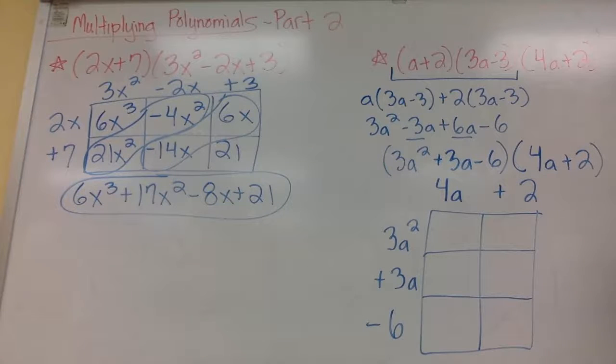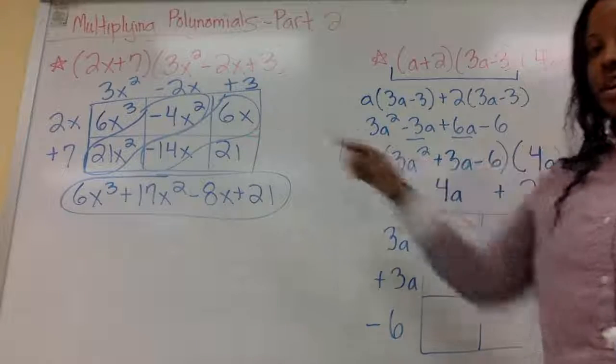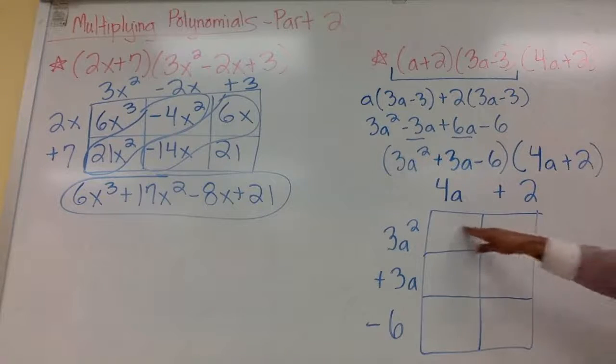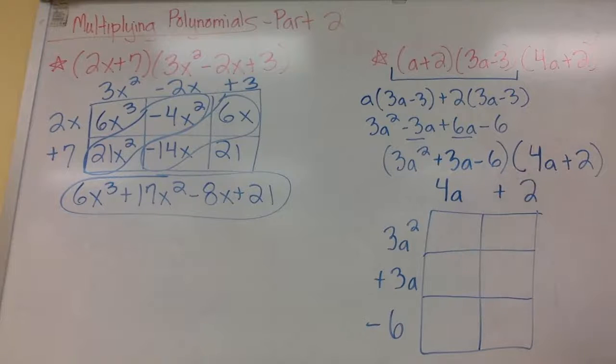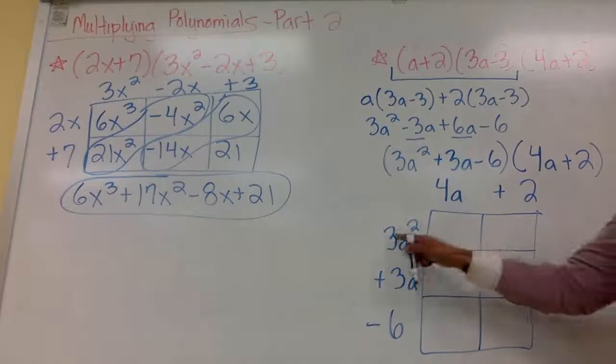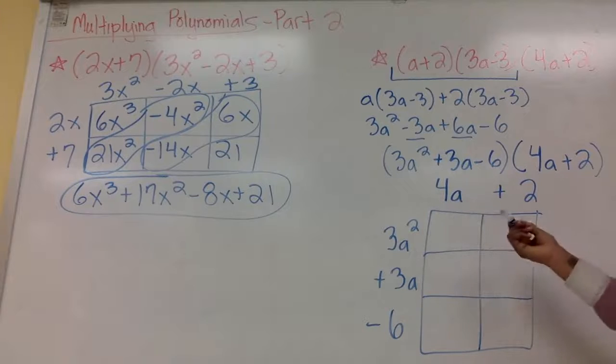This is what I was saying on the first example. It doesn't matter if your box is horizontal like the one over there or if it's vertical. Just make sure you have 6 boxes in here. We'll go through and we'll multiply each one and put it where it goes.